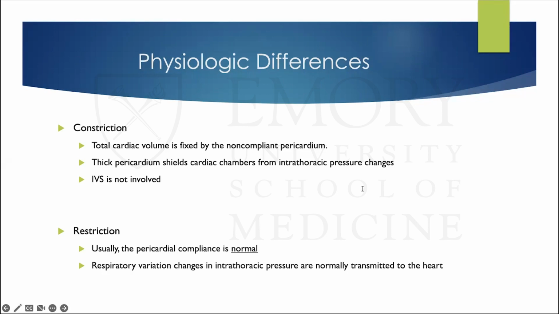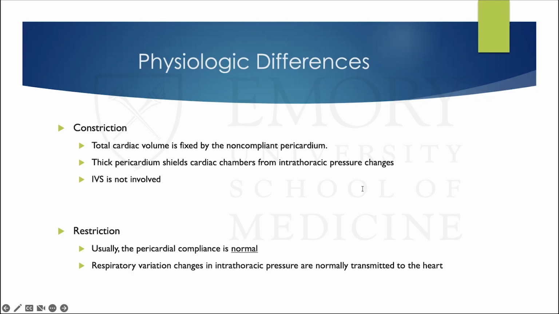And then another big key point is that in constrictive processes, your interventricular septum is typically not involved in terms of the constriction or the scarring. So what happens is you have ventricular interdependence, where your interventricular septum can essentially bow or bend into whichever ventricle based on the amount of volume, based on the amount of pressure that's flowing through whichever side.